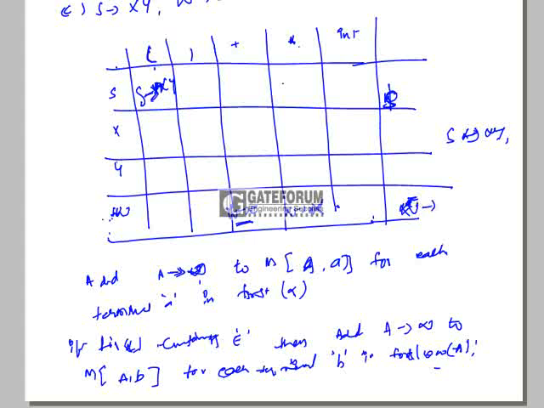So this production will be coming here. So your correct option is S gives XY and W gives epsilon. So option C is the correct option.